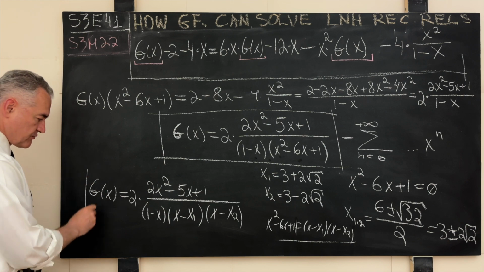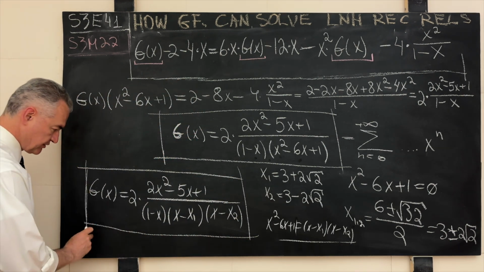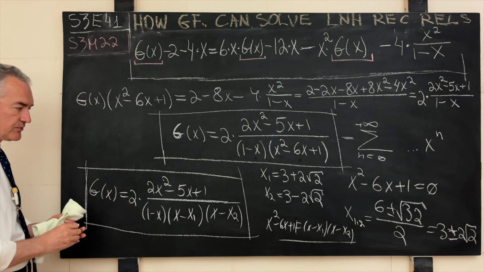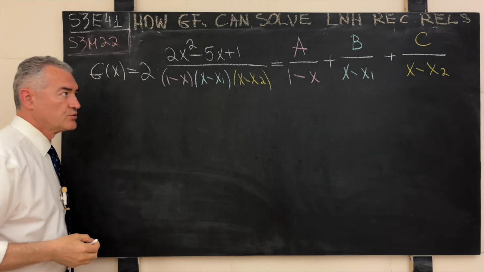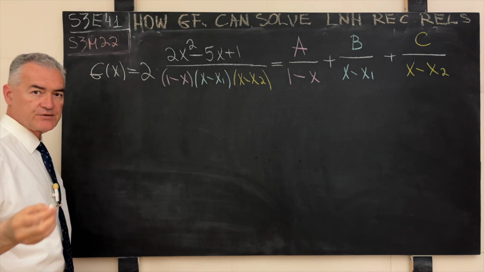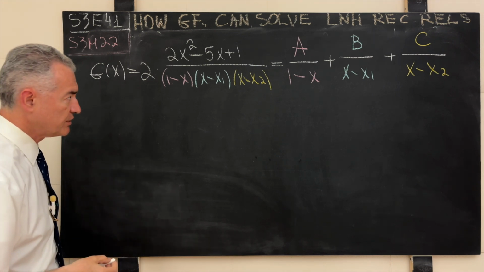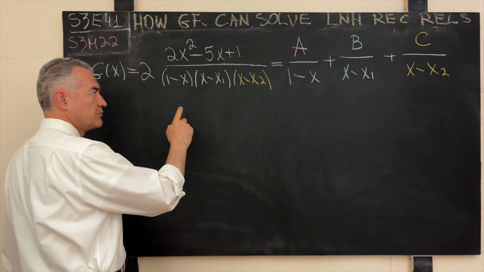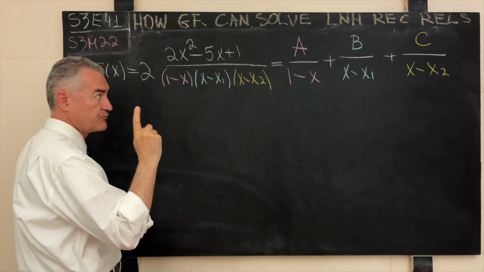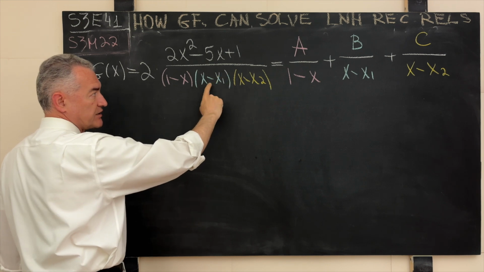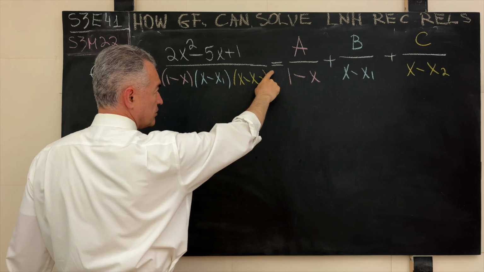This form of the generating function lends itself naturally for what? For the partial fractions decomposition, which we carry out as follows. If you know how to decompose such functions into partial fractions, you can skip this segment and the next few ones. But for those who are not familiar with this process, it works as follows. Because the multiplicity of each real root x1 and x2 is 1, these factors x minus x1 and x minus x2 come in the first power.